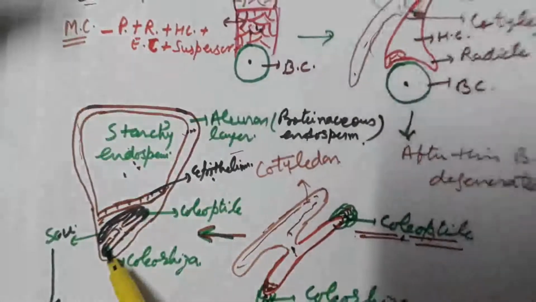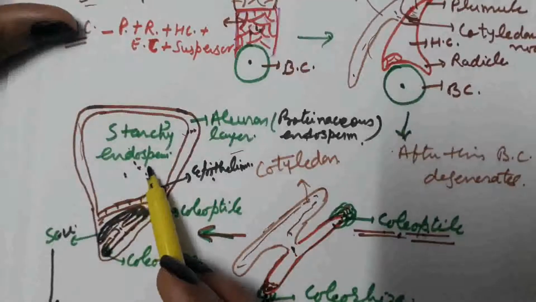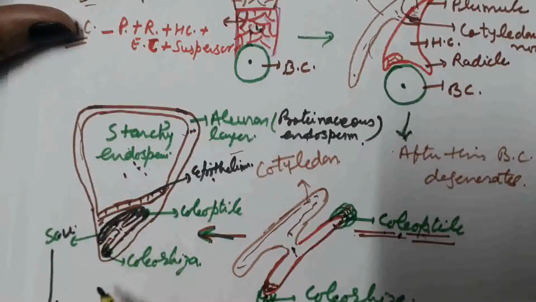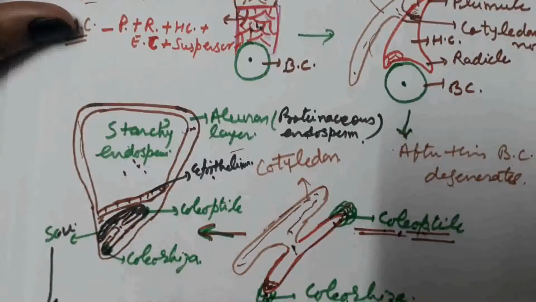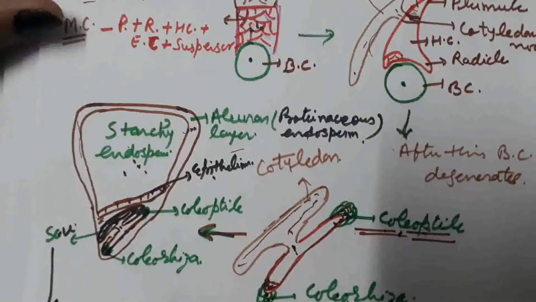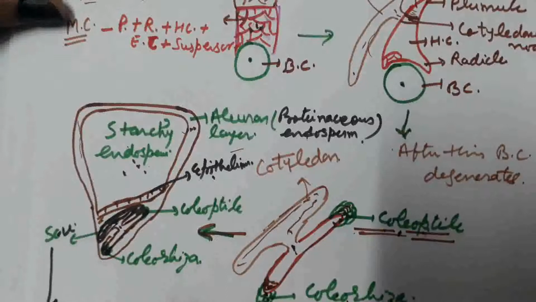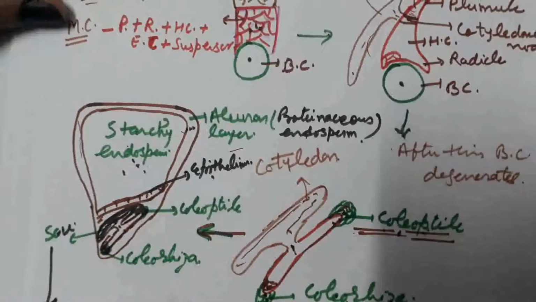Then the food reserve present in the endosperm after digestion is supplied first to the cotyledon, and then with the help of cotyledon or scutellum it passes to the embryonal axis. I think the concept of development of embryo in case of monocot is very much clear to you all.